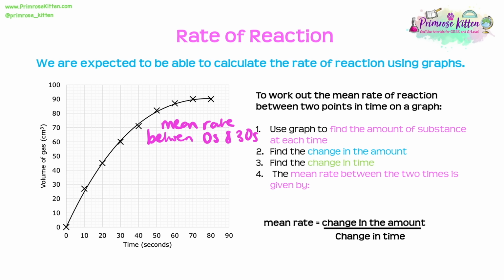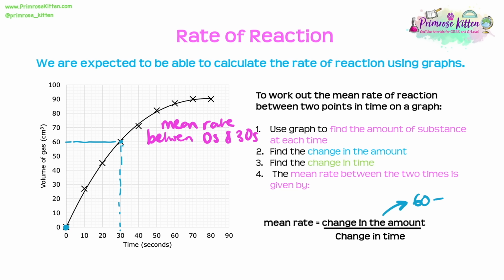First thing that we would need to do is to have a look at the point at 0 and then have a look at 30 seconds. So that's just here. So now that we've done this, let's have a look at what the volume of gas is at each of those points, and of course what the time is too. We can use this to work out the change in the amount.